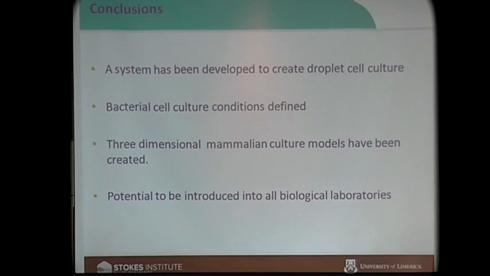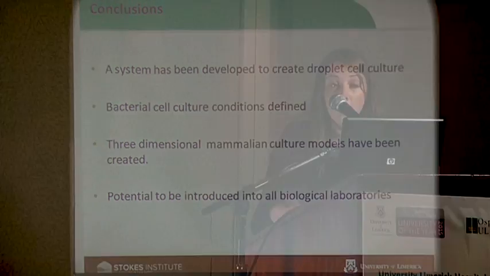And after 10 hours, you can see that the droplet culture has actually grown at a faster rate than the typical control culture. And the reason we think for this is the higher surface to volume ratio allows more diffusion in and out of the culture itself. What it really tells us is that we can take bacteria, grow it in the system, and get a response within 10 hours.